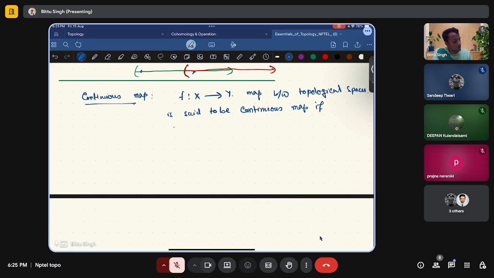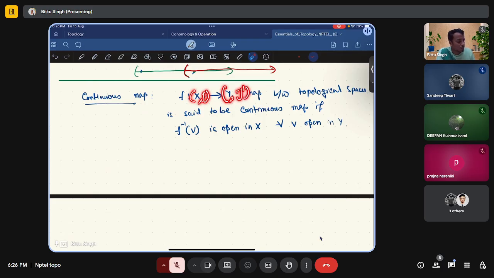if the f inverse of any open set is open. So take any open set from Y; its preimage f inverse of V should be open in X, for all V open in Y. I am writing X to Y, but that is actually an abuse. I should always write X with some topology tau and Y with some topology tau dash, because we also need to see what the topology on Y is.